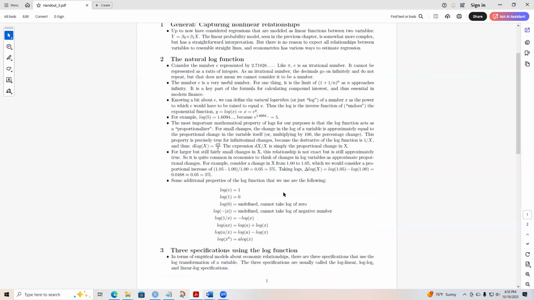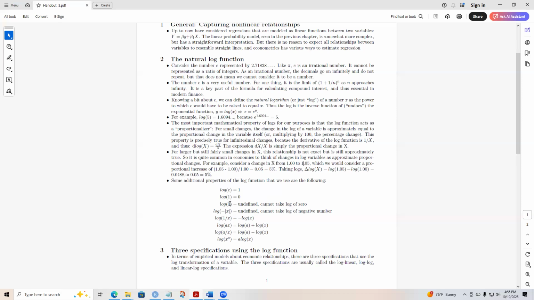Here are some additional properties of the log function. The log of e is 1, because what's the number that we raise e to and we get e back? Well, it's 1. When e is raised to 1, it's e. The log of 1 is 0, because when we raise a number to the power 0, we get 1 back. That's from the rules of the exponential function. The log of 0 is undefined.